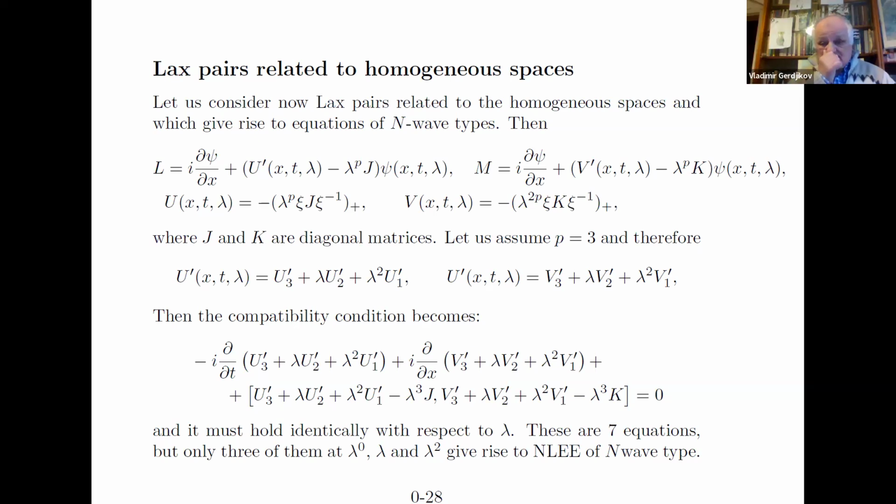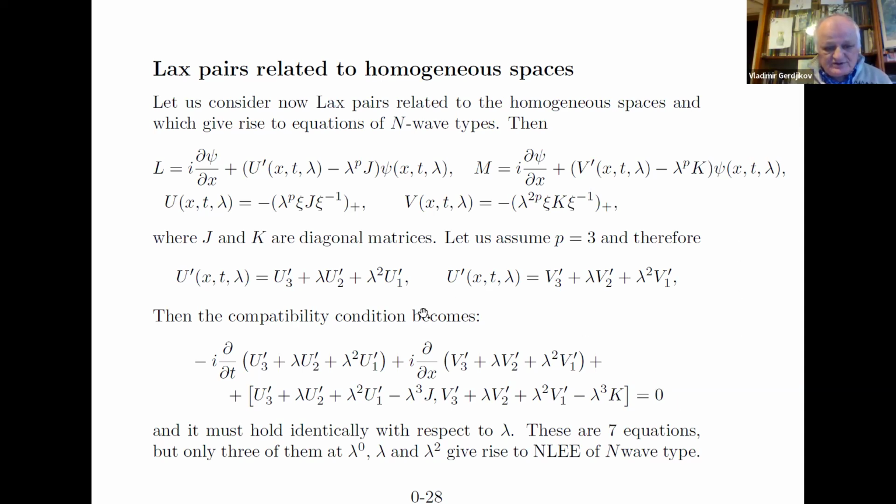Okay, for 5 minutes. For the Lax pairs related to symmetric spaces, there were no difficulties to calculate the compatibility condition of the two Lax operators. However, if we consider Lax pairs related to homogeneous spaces, the situation becomes different.